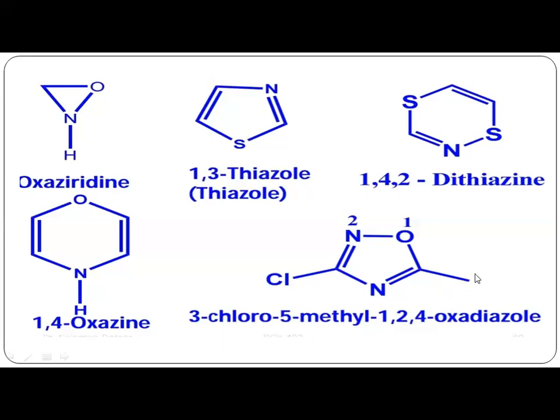On the fifth carbon atom there is a methyl group, so I write 5-methyl. After that I write the positions of the heteroatoms, that is 1, 2 and 4. Oxa for oxygen, diaza because there are 2 nitrogen atoms, and the ending ole indicates that the ring is 5-membered and unsaturated. So its final name will be 3-chloro-5-methyl-1,2,4-oxadiazole.